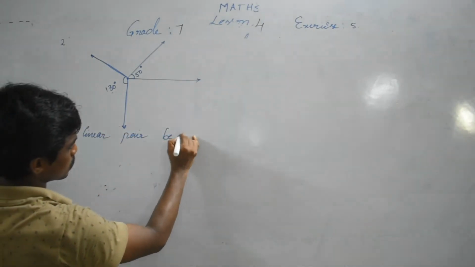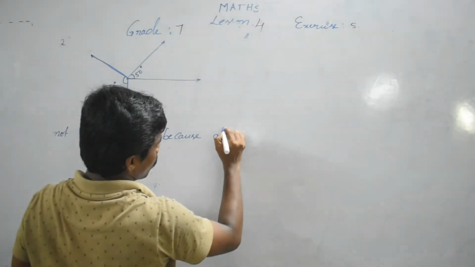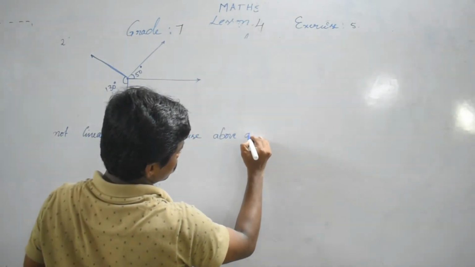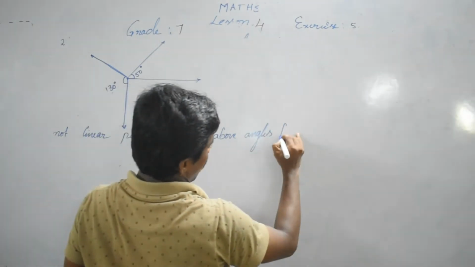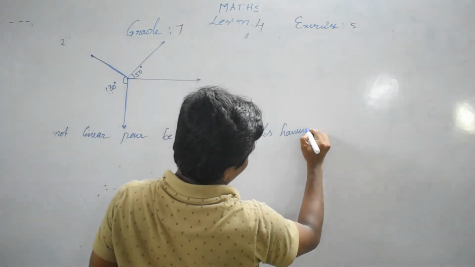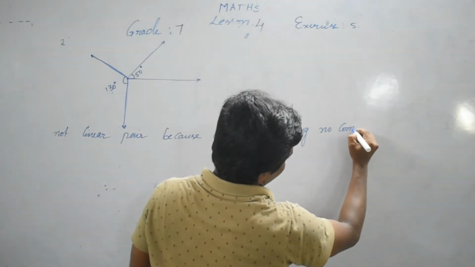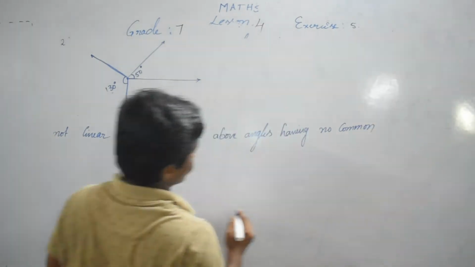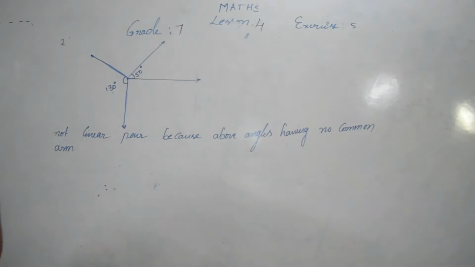Why? Because the above angles have no common arm. So we finish exercise 5.